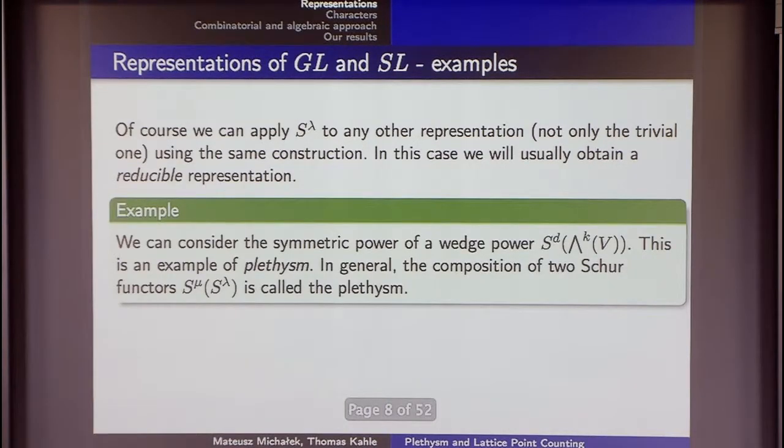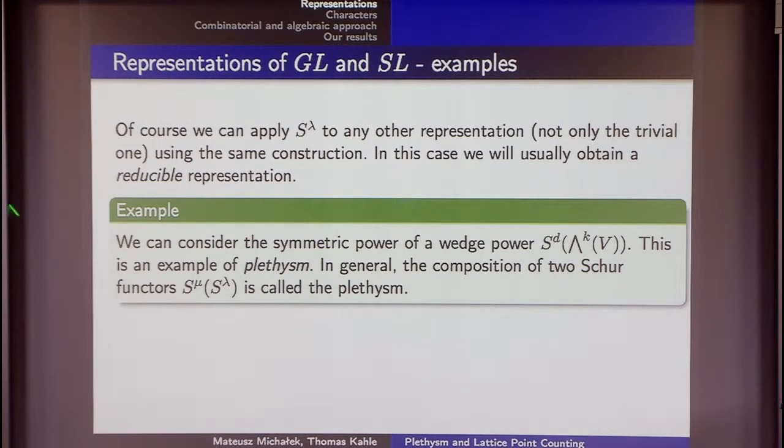But when I start applying it to other, more complicated representations, in general, I get reducible representations, and this is what I call the Plethysm. So application of a Schur functor to another Schur functor.